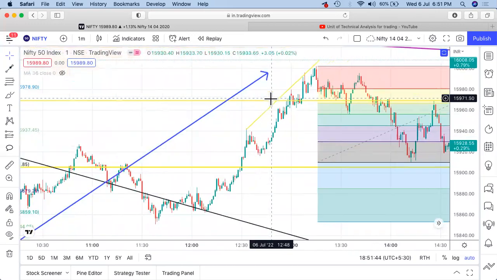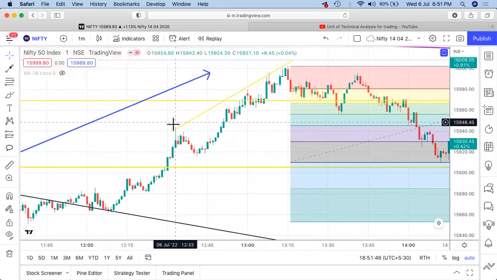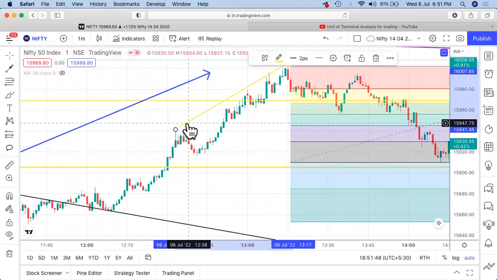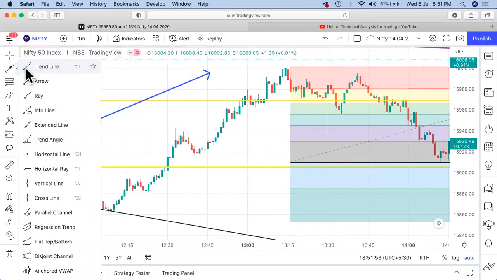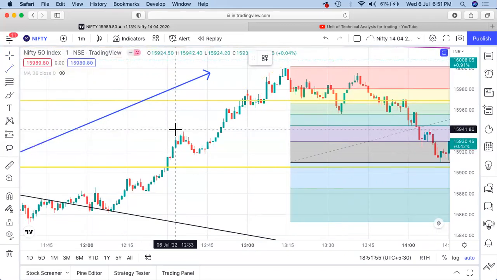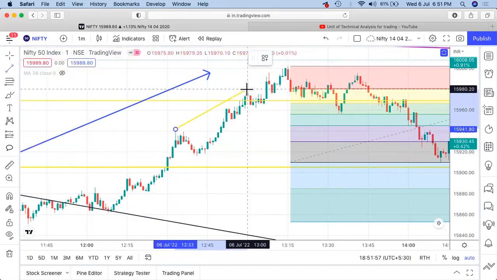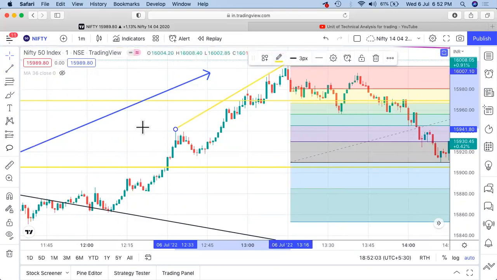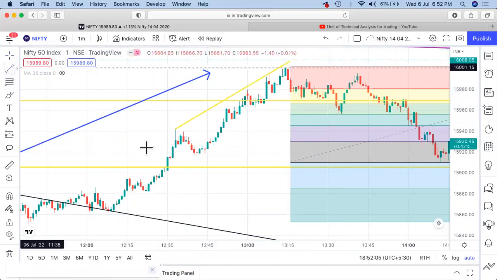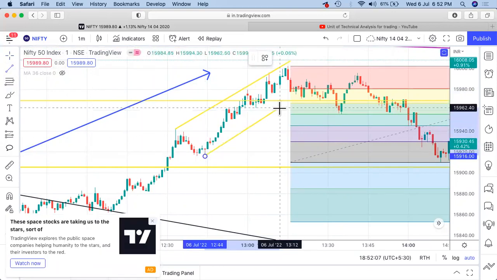Let's see that. Now what happens in a rising wedge is, I've drawn this yellow line, I'll just remove that. You first of all get 2 points, right? And after that the trend is, let's say, for example, these lines are there.